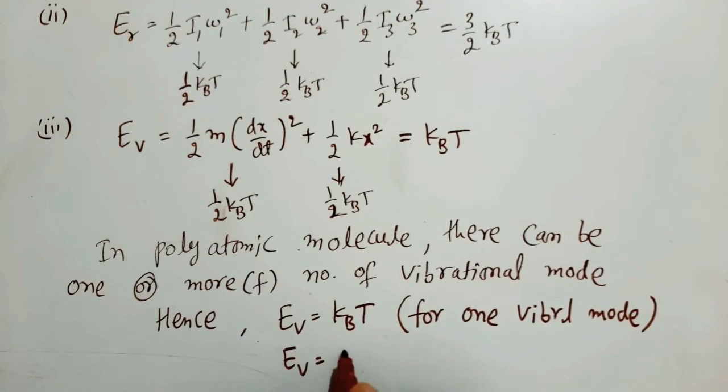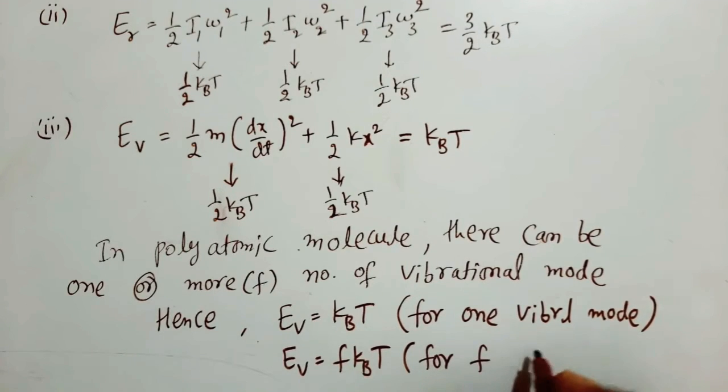EV is equal to f kBT for f vibrational modes.